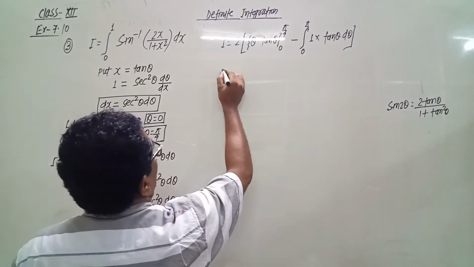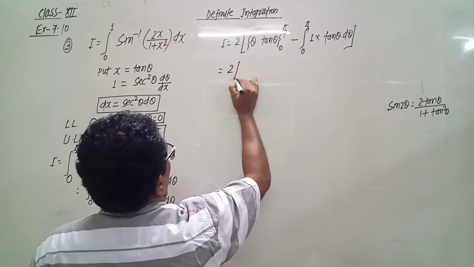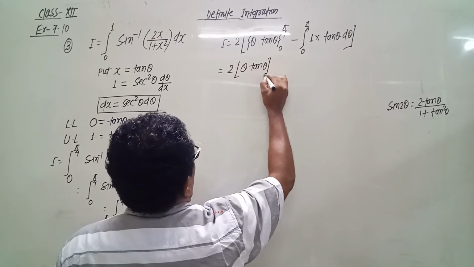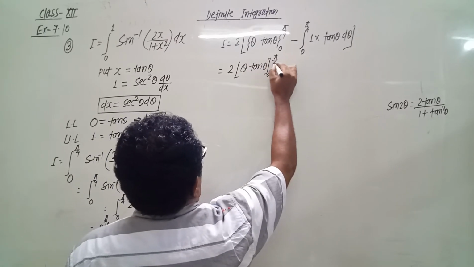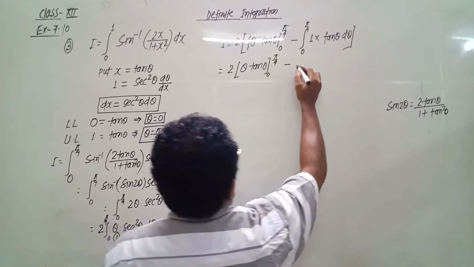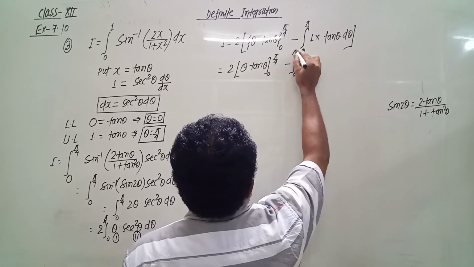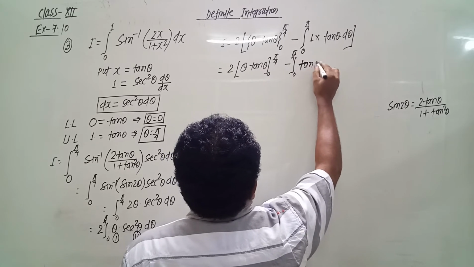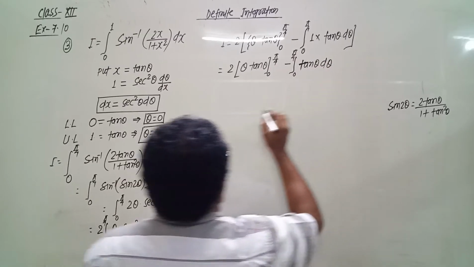Now 2 theta tan theta, limit from 0 to pi by 4, minus integration 0 to pi by 4 of tan theta d theta.